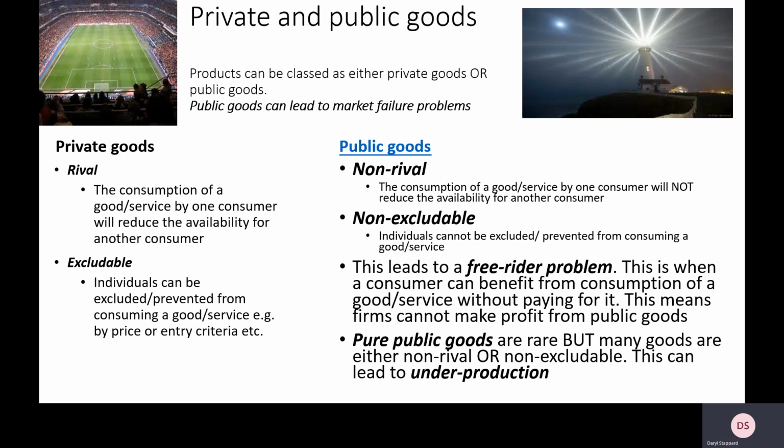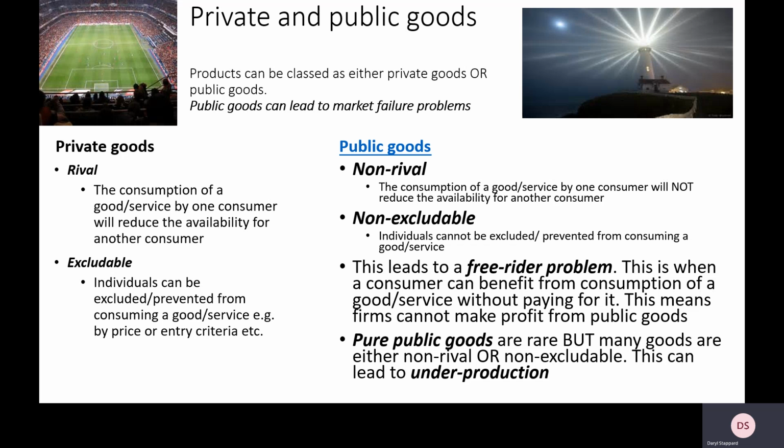Okay, now let's think first of all, before we worry about public goods, what we mean by a private good. A private good is both rival and excludable. Now look at the definition of rival and excludable. Rival: the consumption of a good or service by one consumer will reduce the availability for another consumer.